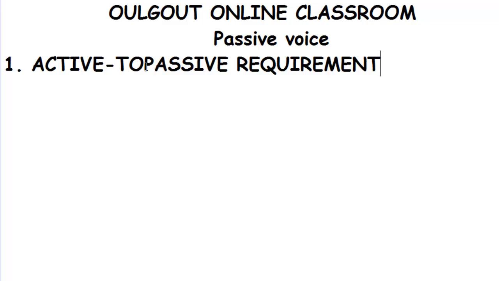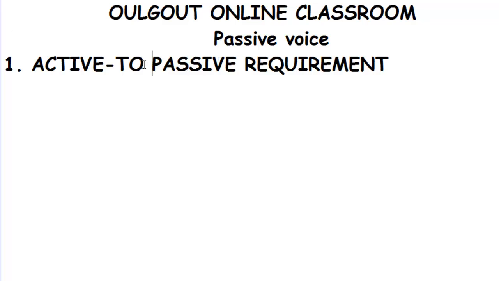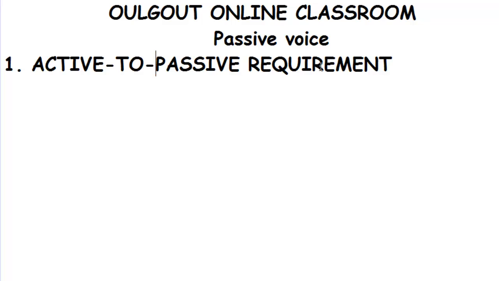Active to passive requirements. There are certain requirements that you need to bear in mind when you want to transform a certain sentence from active to passive. What are the things that I should know, the things that I should learn before that?